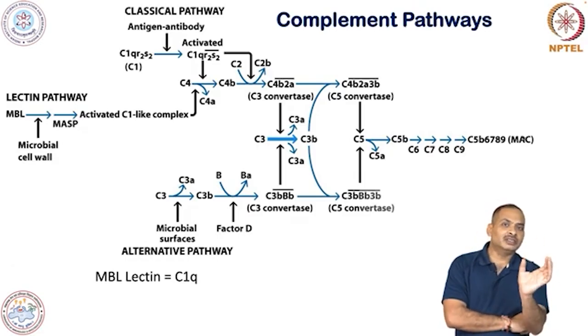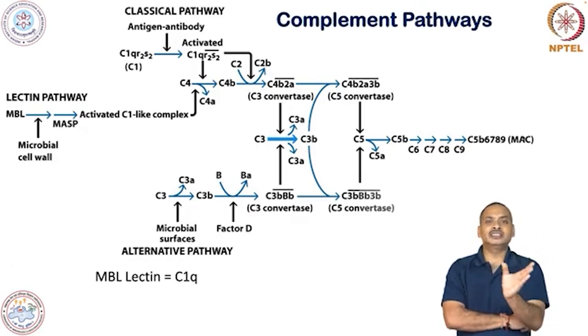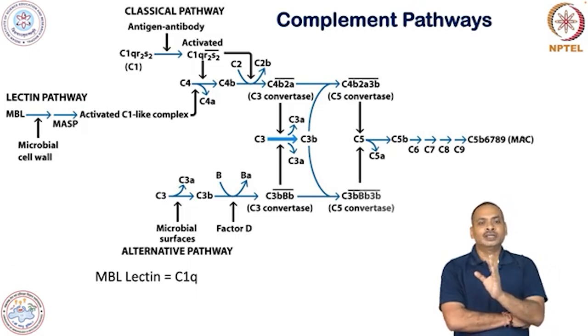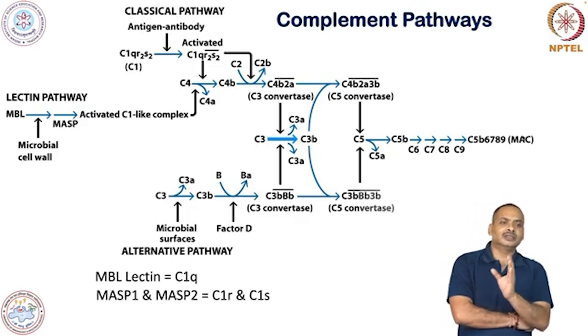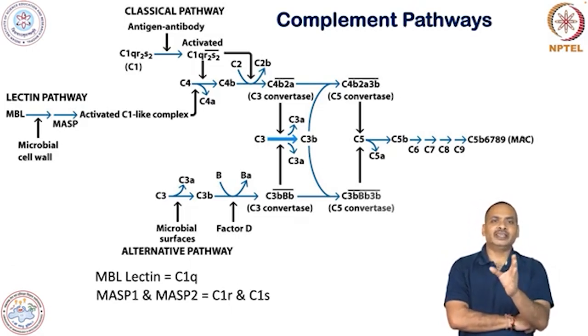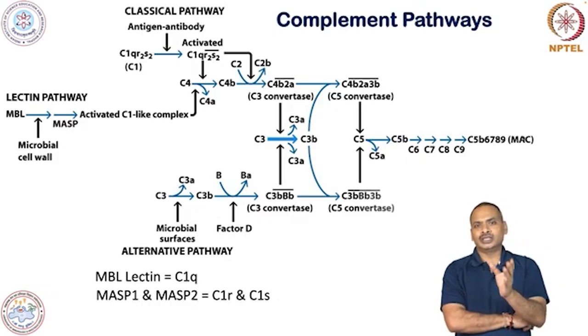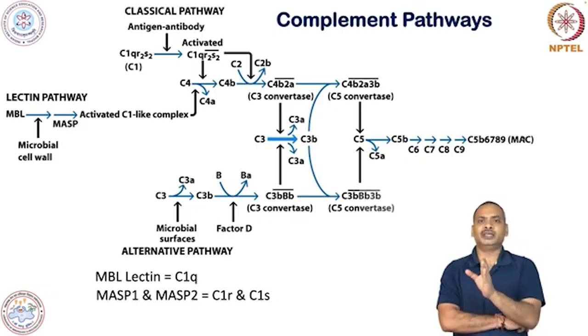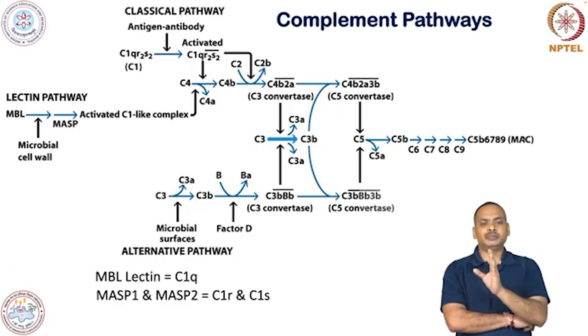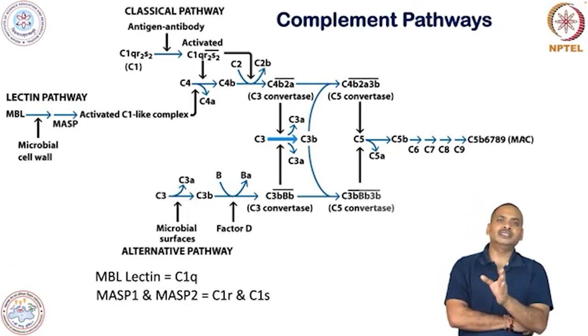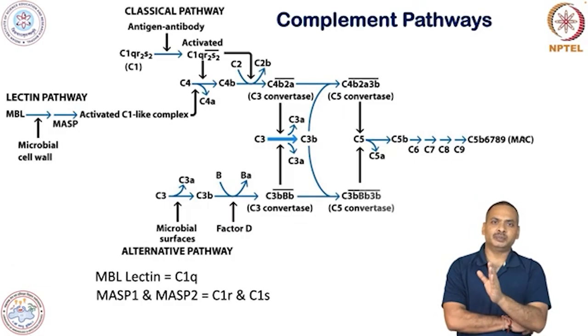So, MBL is like a C1Q, okay, and there is a protein known as MASP. There are two kinds of MASP, one is MASP1 and MASP2. So, MASP1 is like a C1R and MASP2 is like a C1S.